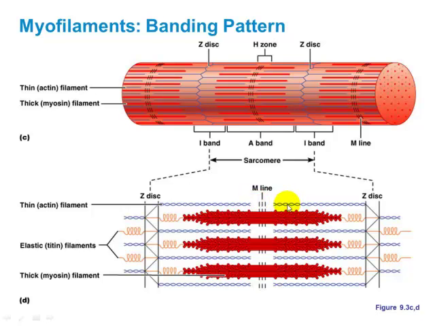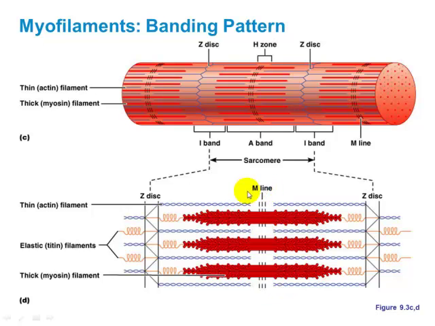On the opposite side, we'll see the same thing happen. So this space is going to become smaller. Not by a huge amount. It's a tiny, tiny little amount of contraction. Okay? So this space in what's called the H zone is going to become smaller. The thin filaments are going to move towards the M line.